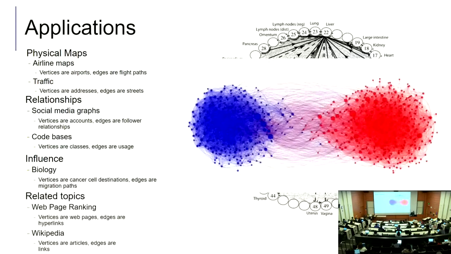Also, sort of related topics, web page rankings, we talked about that. Each page is connected to another page by hyperlinks. You can imagine that if you have a bunch of web pages hyperlinking to one particular web page, i.e. maybe there's a really influential post or paper or something, and a bunch of other pages link to it as an influential thing, that actually drives its SEO, its search engine optimization, up.